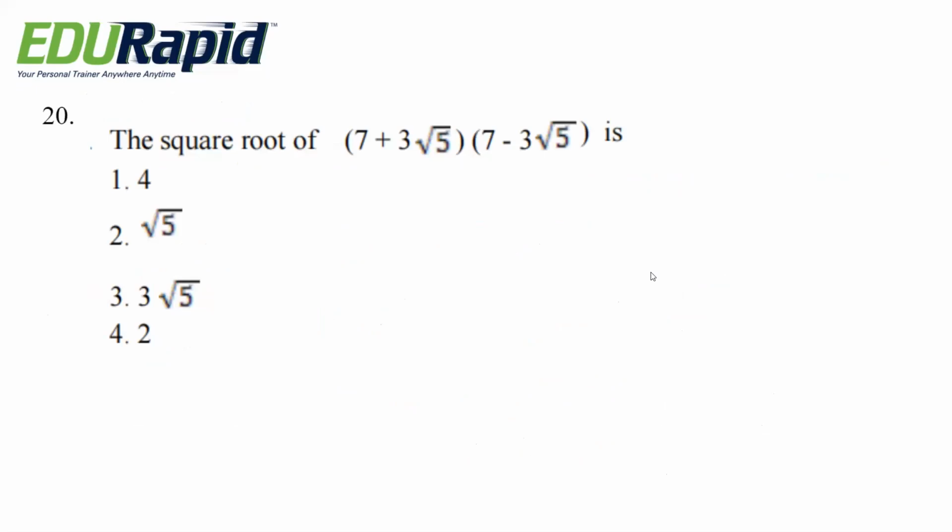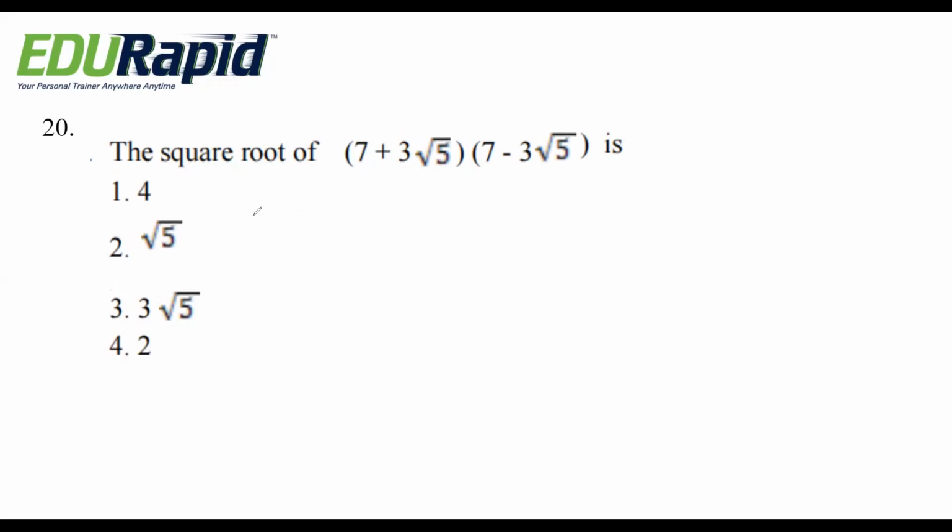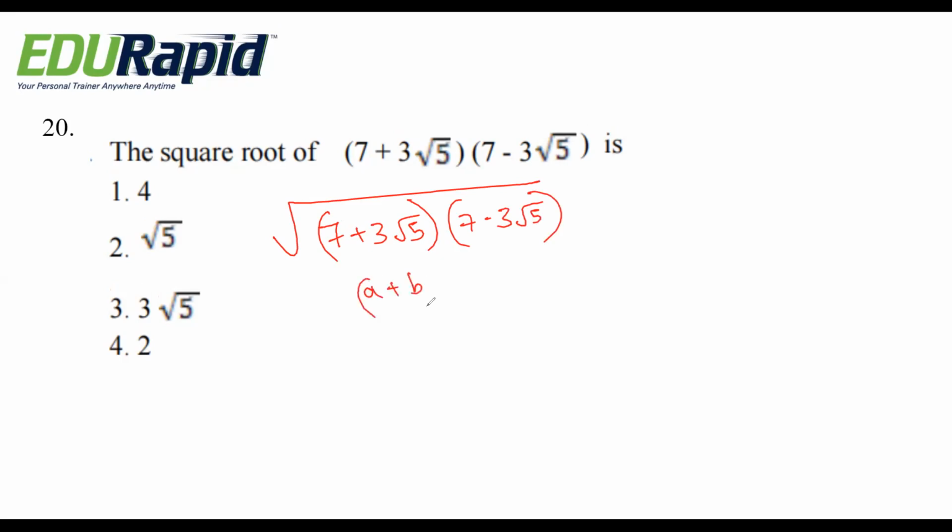Next question. The square root of 7 plus 3 root 5 into 7 minus 3 root 5 is what? Options are 4 root 5, 3 root 5, 2. Here it is in the form of a plus b into a minus b, that is a square minus b square.